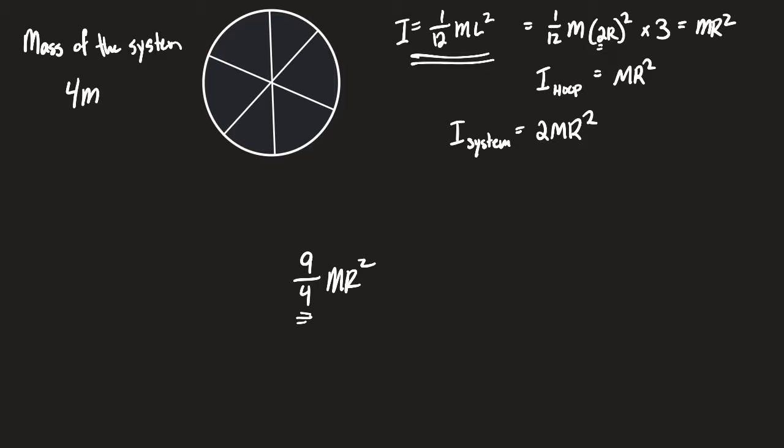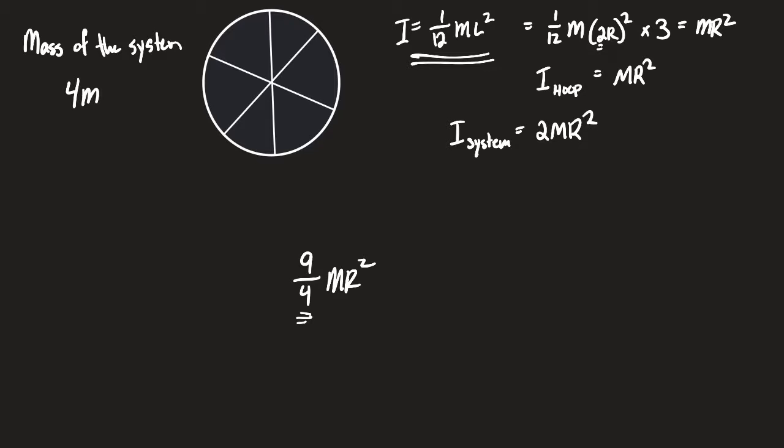And I can see how you'd come to that conclusion, because a hoop, mr squared, a disk, 1/2 mr squared, a hollow sphere is 2/3 mr squared, a solid sphere is 2/5 mr squared, 1/12 ml squared, 1/3 ml squared. They all have this fraction out front that's less than 1.